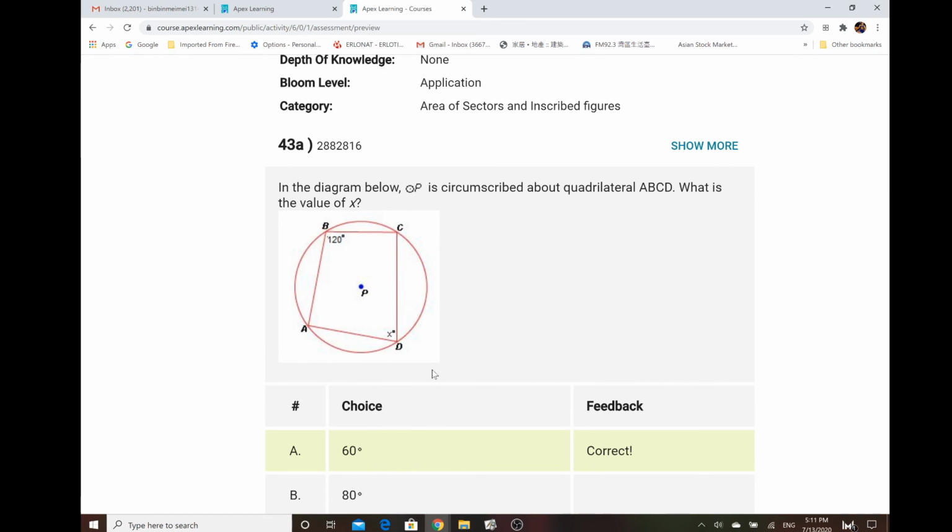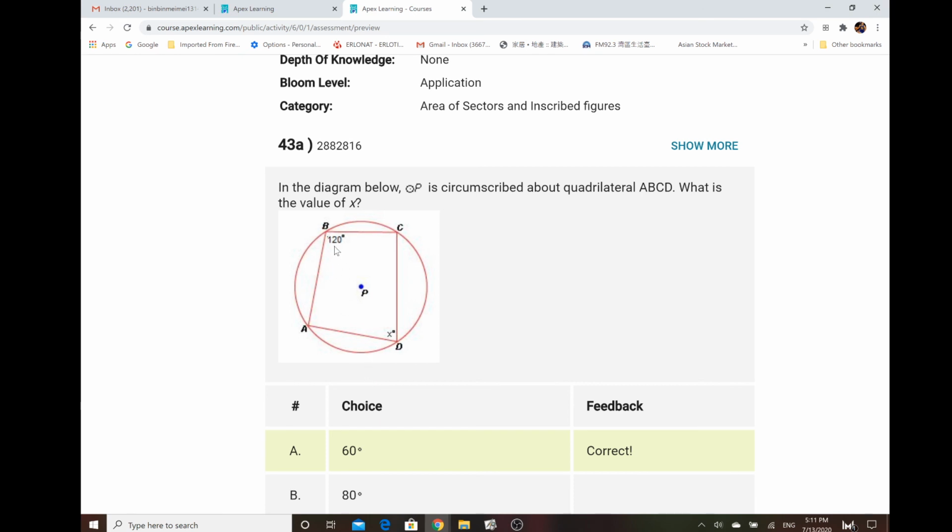So in the diagram below, circle P is circumscribed about quadrilateral ABCD. What's the value of x? This one is actually not the incenter, it's just the center of a circle. We do know the circle is circumscribing the polygon.